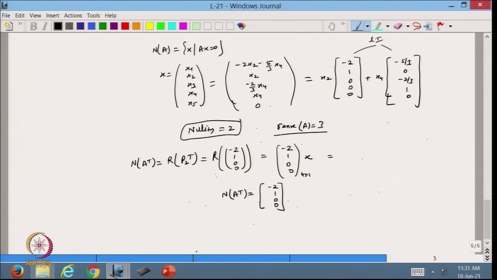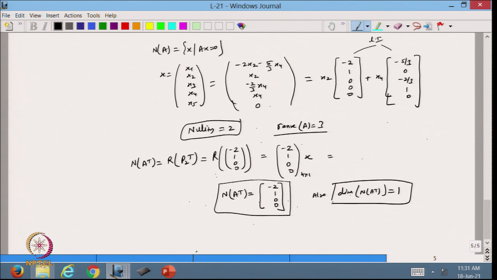So, this is basically what we are writing directly from here. Now, from here the null space of A transpose is this one, and the dimension of N(A transpose) is 1. So, the dimension is 1 here, and I know that the rank of A is 3.